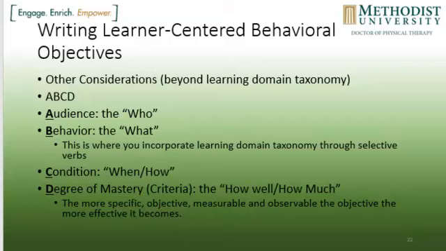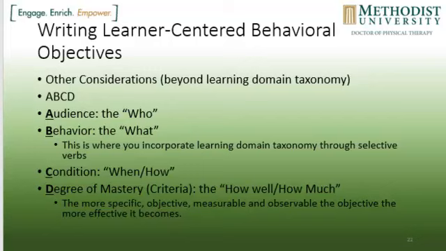And behavioral objectives should have an A, B, C, and D. So the A is audience, and that is who. B is the behavior, it's the what. Condition is the when and how, and degree of mastery, or how well or how much. So within any objective, there needs to be an audience, a behavior, a condition, and a degree.